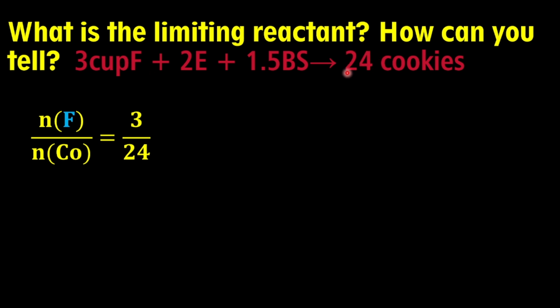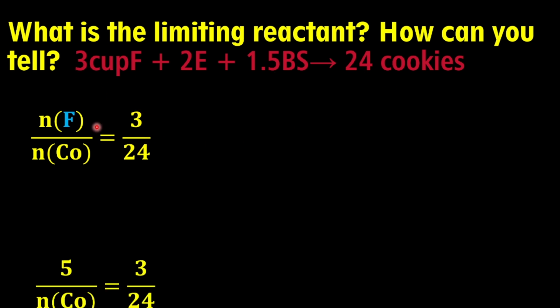After calculating for the number here, which is the product, what you do is you just have to determine the one which will give you the least for the product. So n of F over n of cookies is equal to 3 over 24. That is the flour over the cookies, their respective mole ratio, so 3 and 24 here.